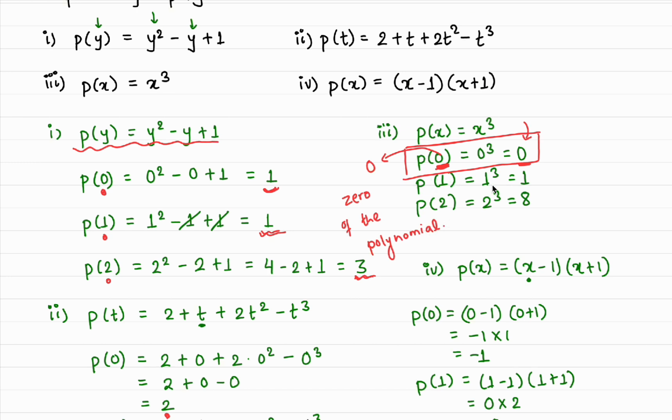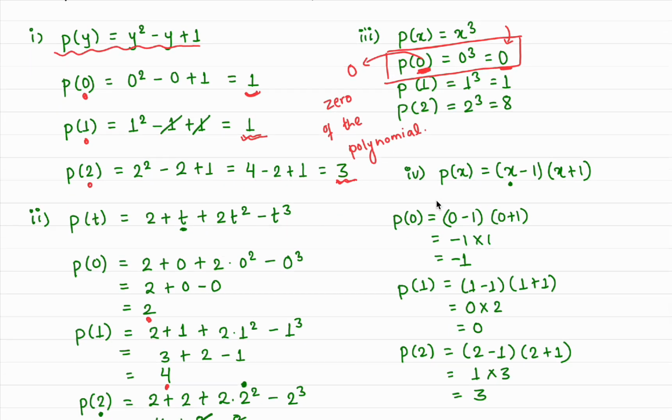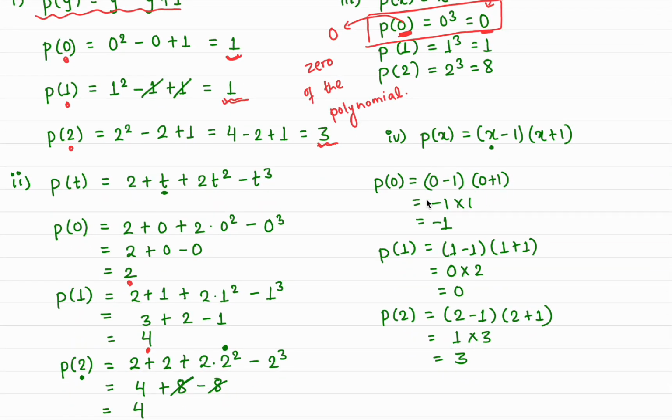Now there are lots of zeros in this particular case. Let's look at another one. In our question number 4, when you put 0 in the polynomial here, you don't get 0 as your answer. And if you don't get 0 as your answer, then this 0 is not a zero of this particular polynomial.